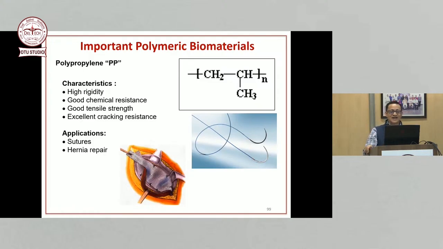Polypropylene: high rigidity, good chemical resistance, good tensile properties, excellent cracking resistance, so it can be used for sutures and hernia meshes. Maybe we'll talk later about it. Infection is a huge problem for hernia meshes, and modifying hernia meshes to make them antimicrobial is actually a very difficult task.